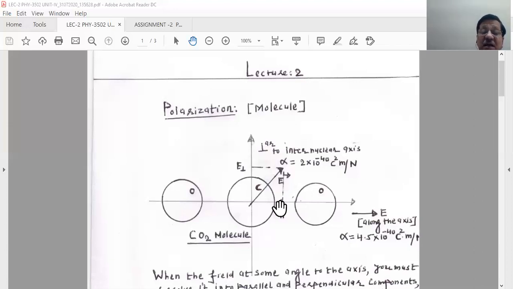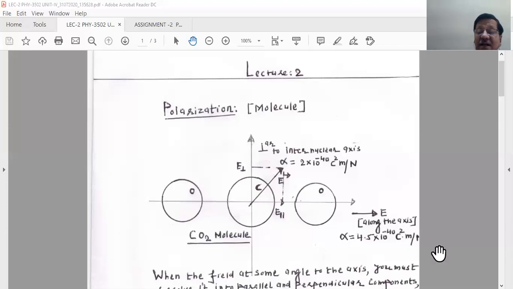Because you have a parallel component, you have an induced dipole moment along this direction, and you have a perpendicular component, so you have a component of induced dipole moment along the perpendicular direction. So you have a polarizability along the internuclear axis, and a polarizability along the perpendicular axis.